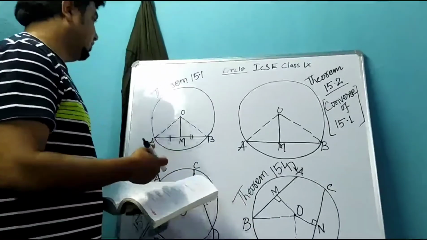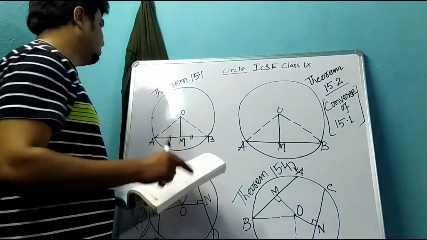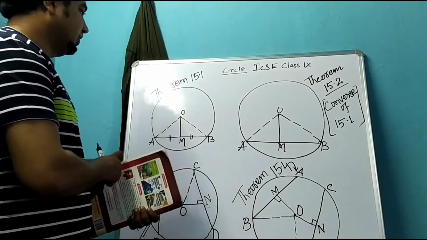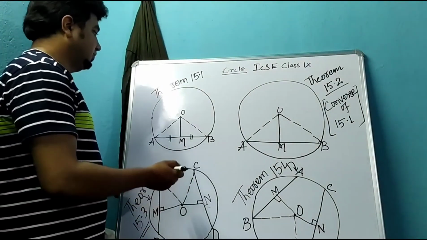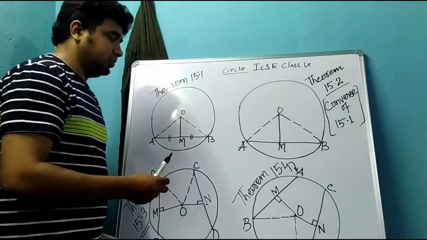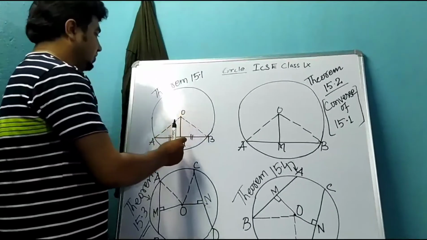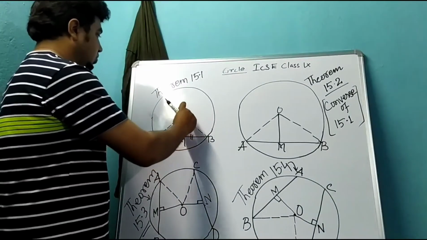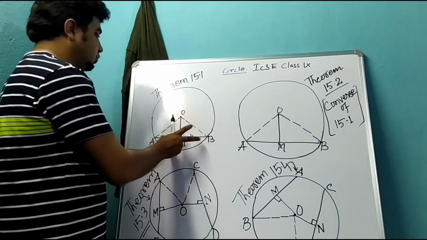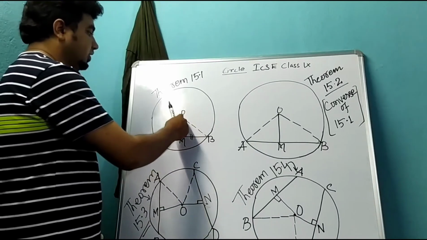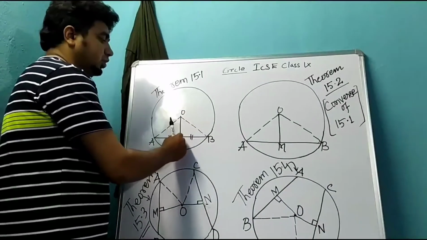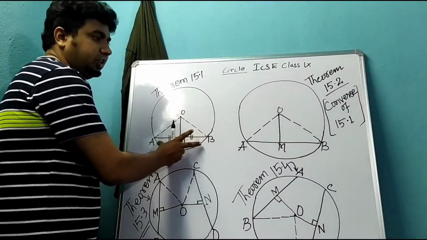Okay, we are going to discuss theorem 15.1. What is given to us is that OM is perpendicular to AB, meaning the line passing through O is perpendicular to the chord AB.